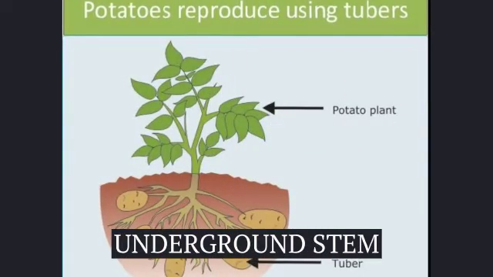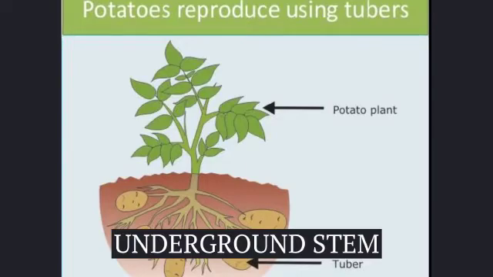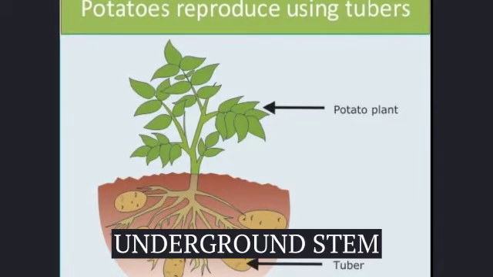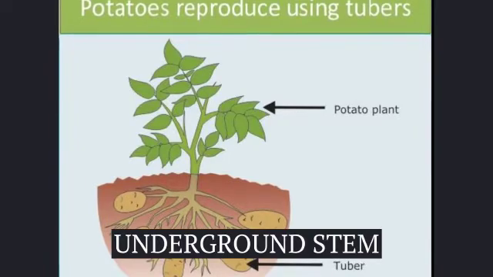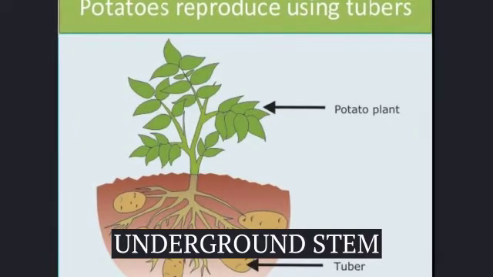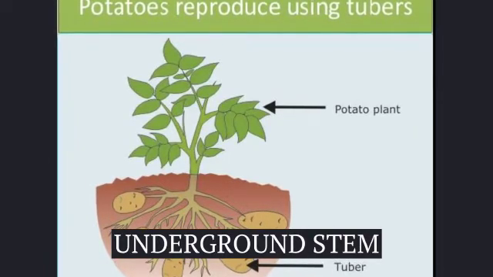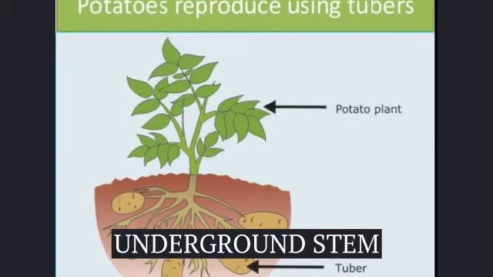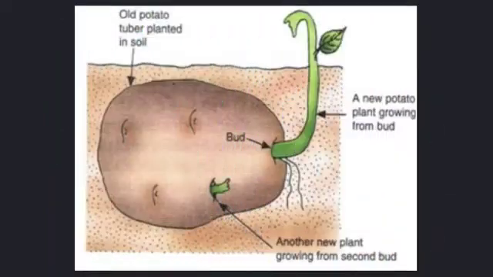Let's begin with reproduction through underground stem. Potato, onion and ginger are the stems of the plant which can grow into new plants. These underground modified stems store food for the plant.